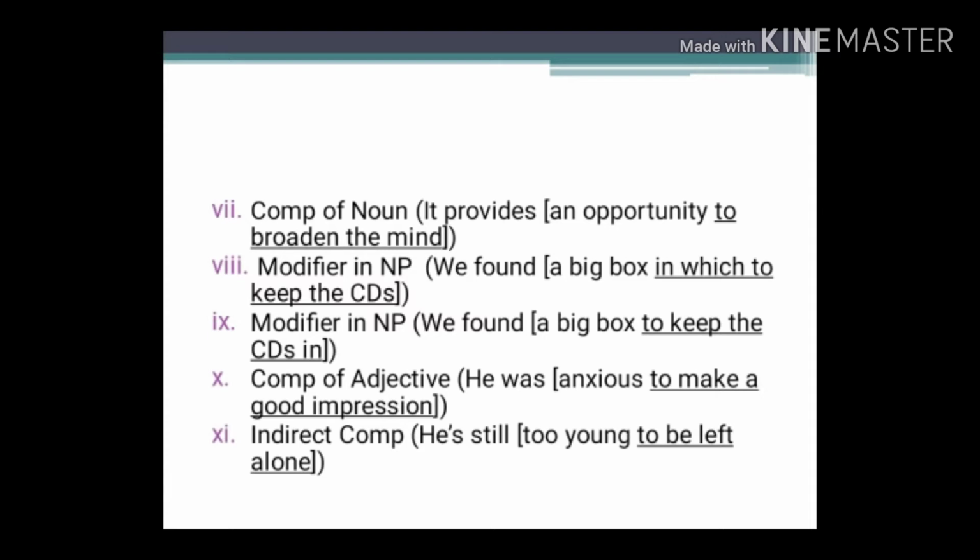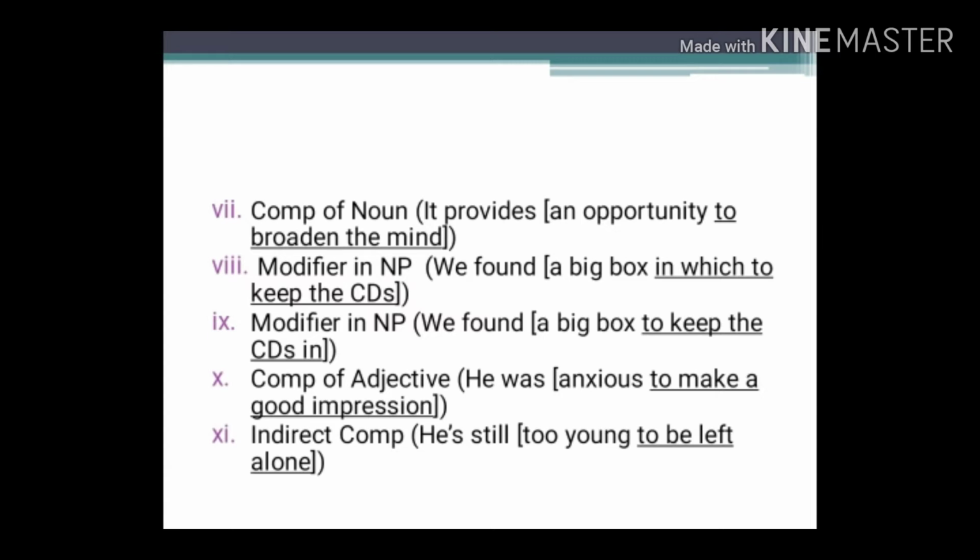And the second example is we found a big box to keep the CDs in. The sentence is the same, but the difference is only in the WH type.